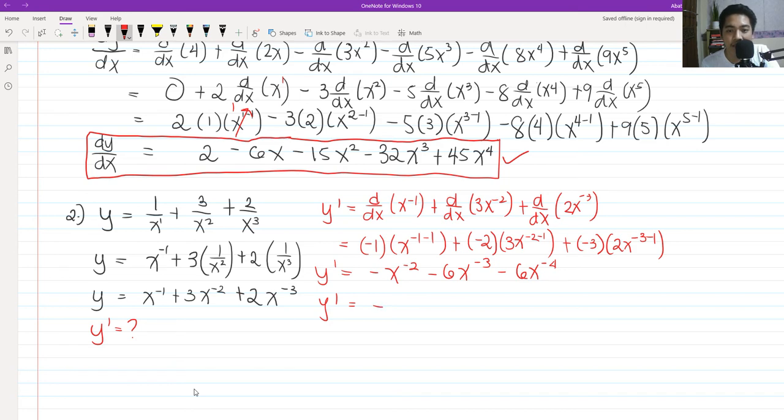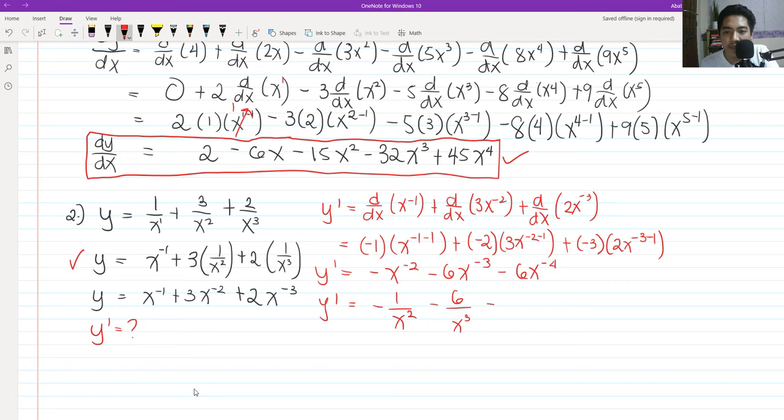So we have negative 1. To eliminate the negative exponent, we simply do what we did here. Okay? So we reciprocate this so that this becomes negative 1 all over x squared. This one is the same as negative x raised to negative 2. Then we have negative 6 all over x cubed.